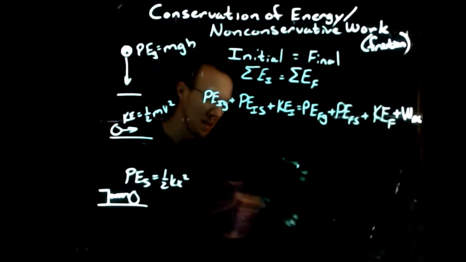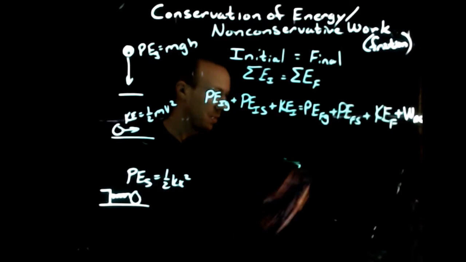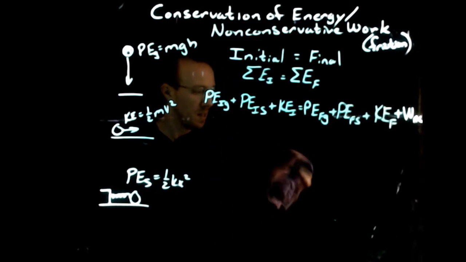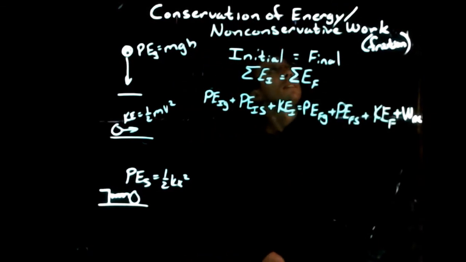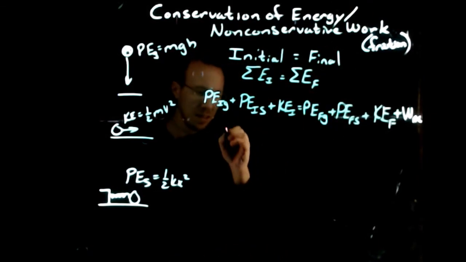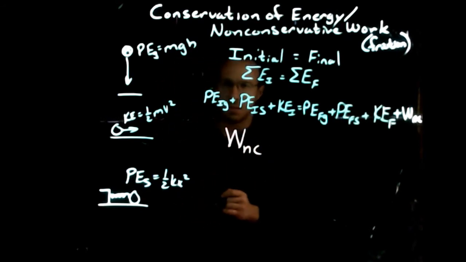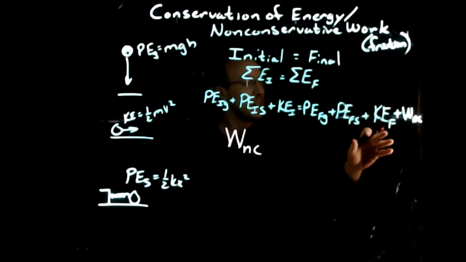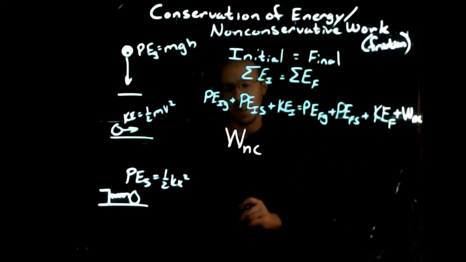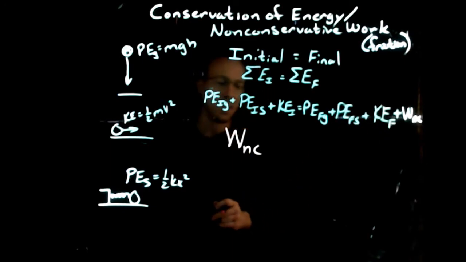These are fun to erase, as you can see, my wobbly board. All right, so WNC stands for non-conservative work. Okay, we would add it to this side, the final side, if we had to.